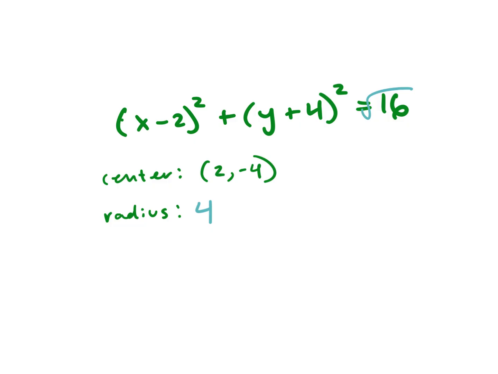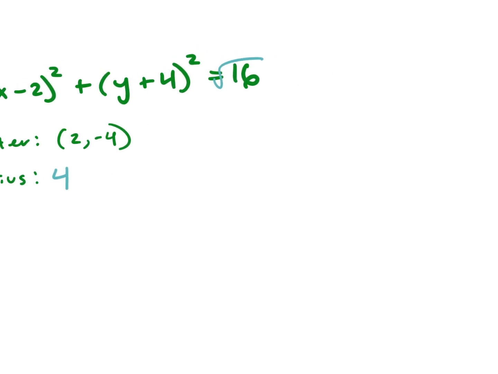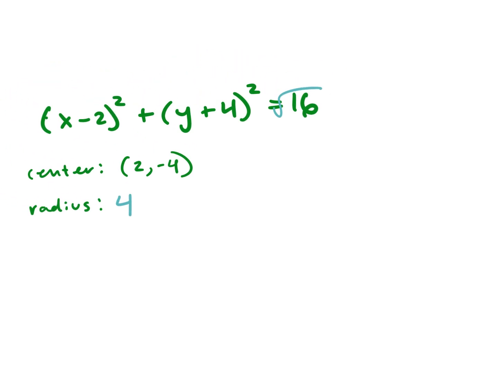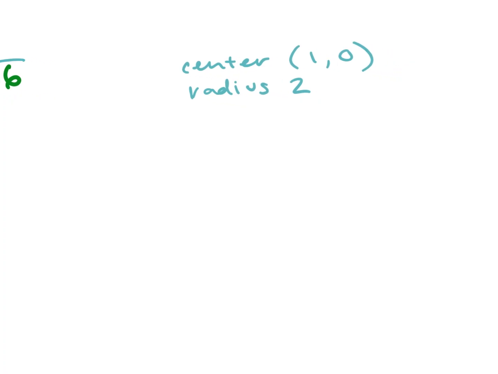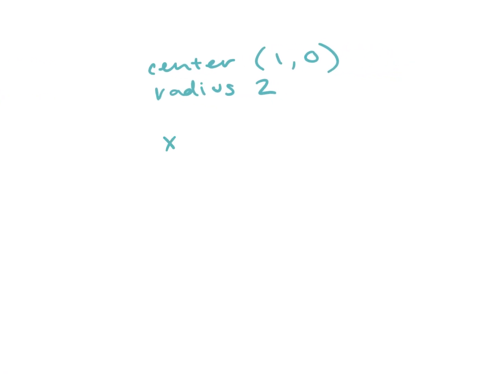It could give you the center and the radius and ask you for the equation of the circle. So it could give it to you backwards too. This is just a circle question. If it gave you the center is 1 comma 0 and the radius is 2 and asks for the equation of a circle, we'd have x minus 1 squared plus, we wouldn't say y minus 0 squared.